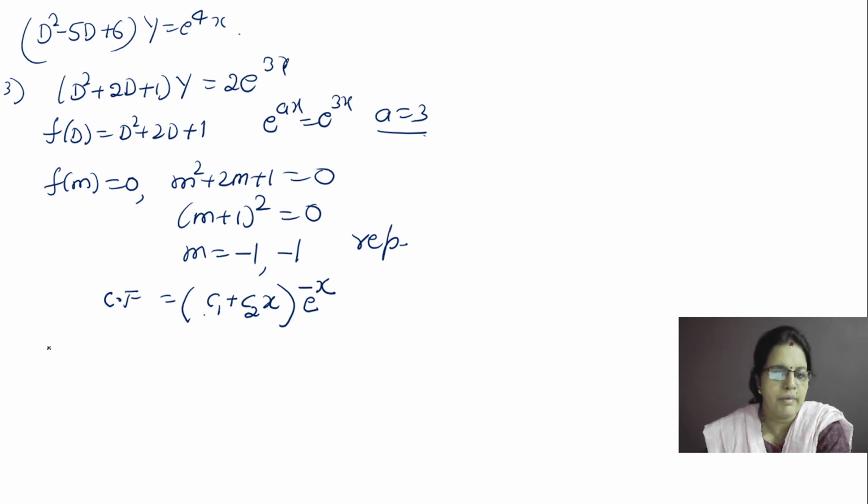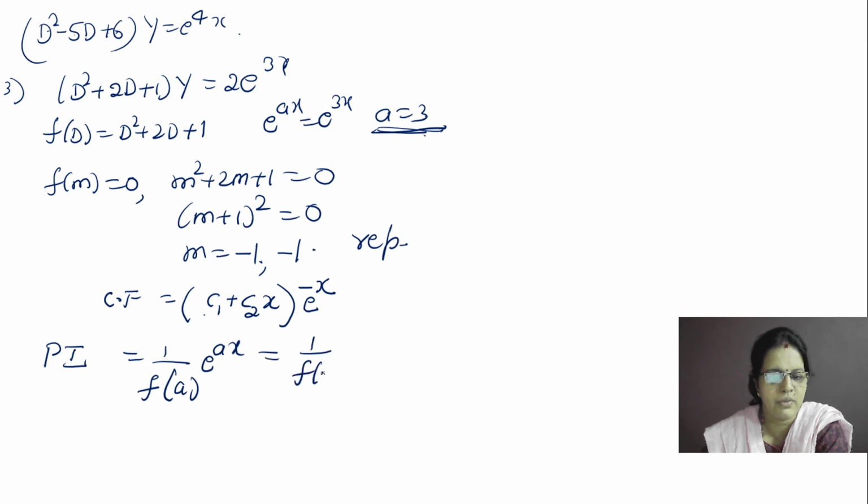Then the particular integral is very simple here. Look at this, a equal to 3, m equal to minus 1. They are different. So when you put a equal to 3 here, it will not make the term 0. Therefore, the particular integral is 1 by f of a into e power ax. So here it is 1 by f of 3 into e power 3x.